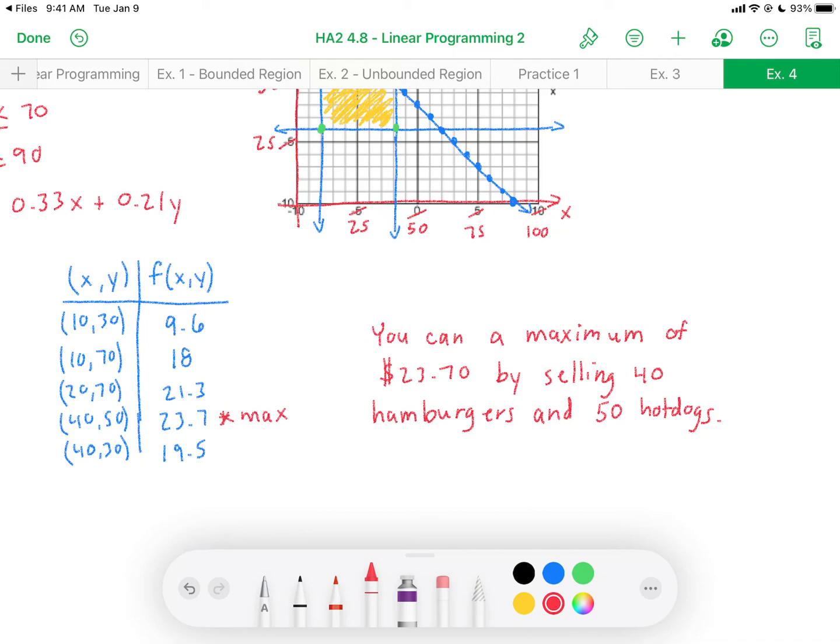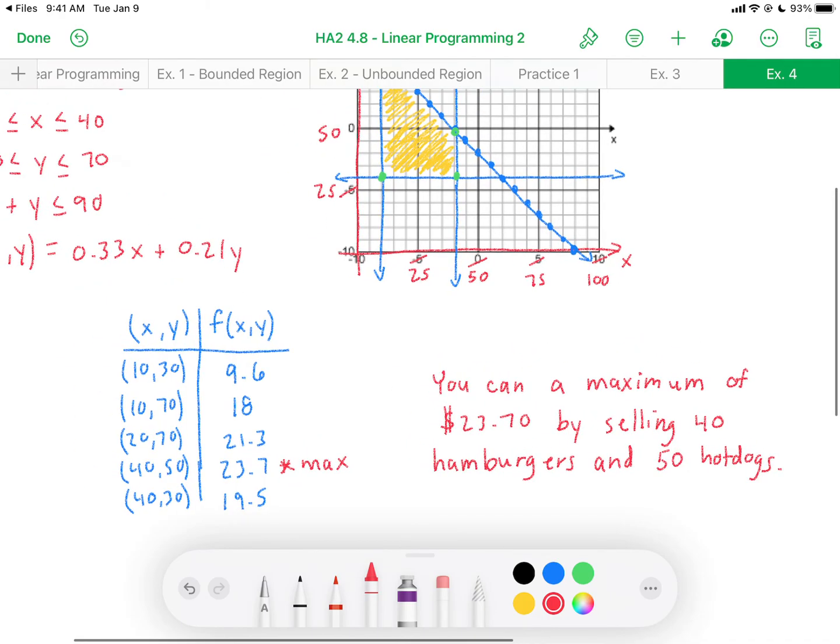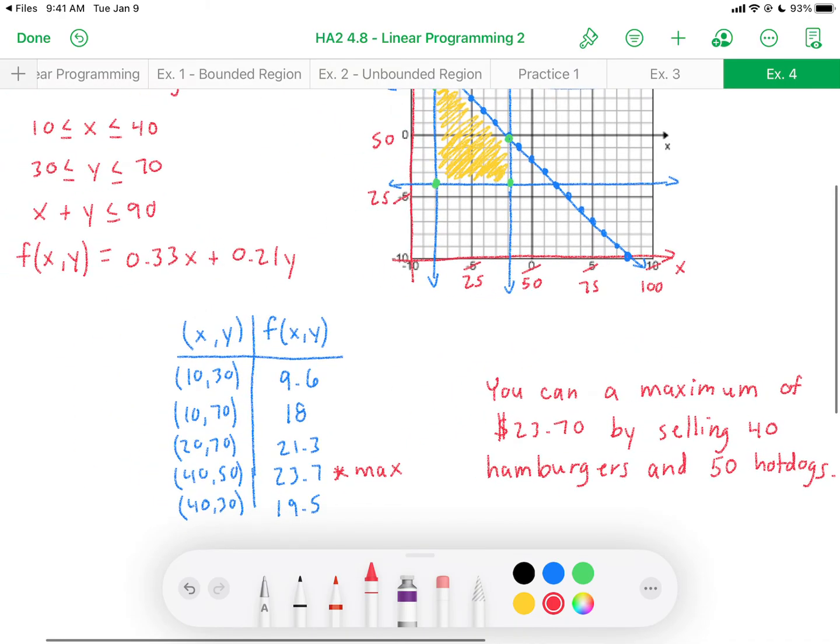Jaden? What do you actually do to get like the 23.7 and the 21.3 and all that? Yeah. So I'm taking each of the ordered pairs and I'm plugging them in right here for x and for y. And where do you get that equation from?